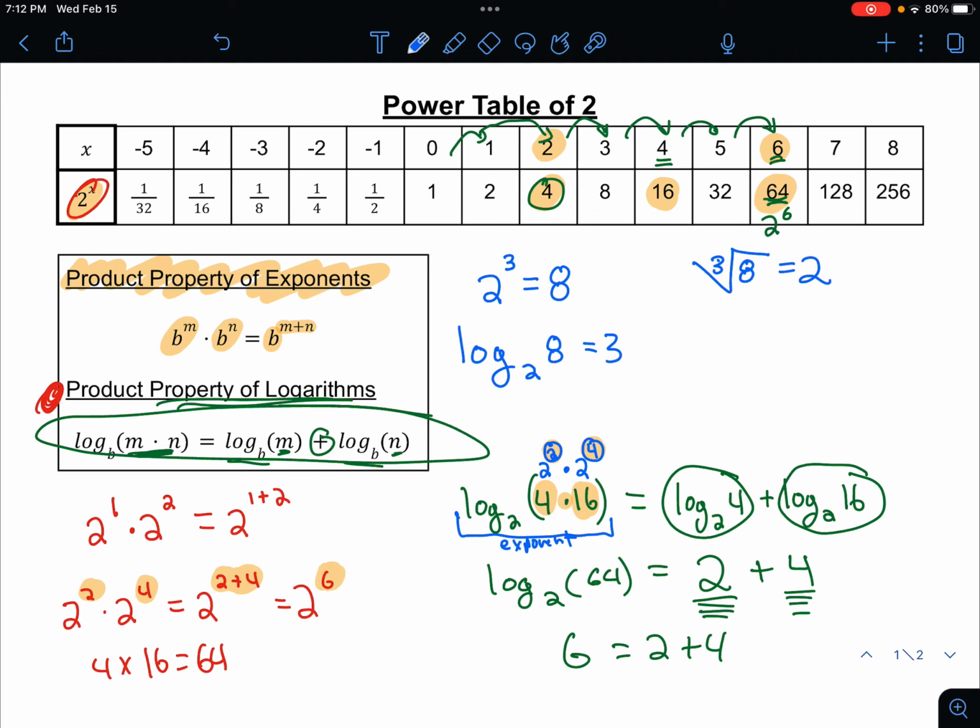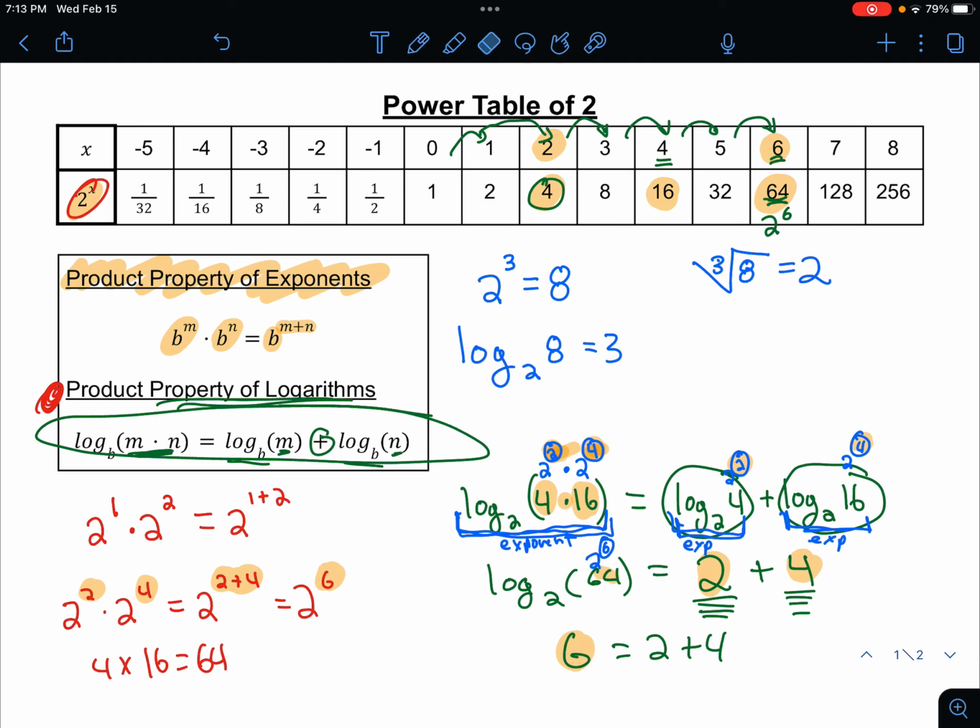But because this logarithm actually represents the exponent, we're using that same property, but we're just adding the exponents. Log base 2 of 2 squared, here's that exponent, and log base 2 of 2 to the 4th, here's that exponent. And so here's our 2, here's our 4, and these give us this 6, because 64 is the same thing as 2 to the 6th power. So it allows us to break it up in this way.